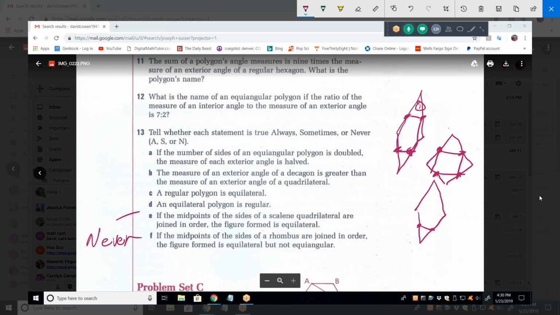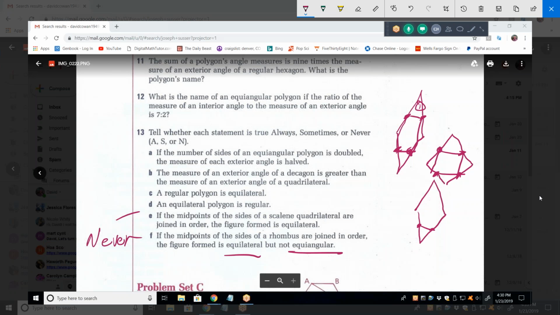In other words, the only way that you can create a rhombus with the midpoints being an equilateral is if it's a square, and then it is also equiangular. So it's only when the rhombus becomes a square that you get both.